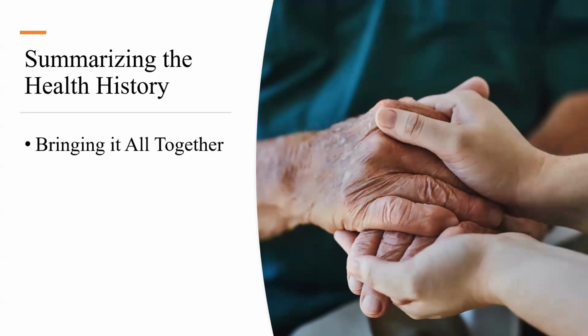So it's very important to conduct a thorough health history and encourage that open communication, that therapeutic communication for accurate information, because the information that you gather and obtain is going to determine your plan of care.